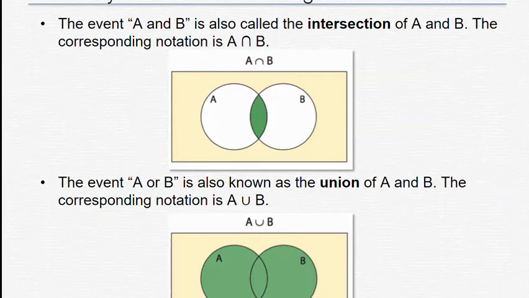Then A union B is another way of saying anything that is in A or in B. The notation, we have A union B. So think U for union. So that's anything that is in either circle or in both circles.